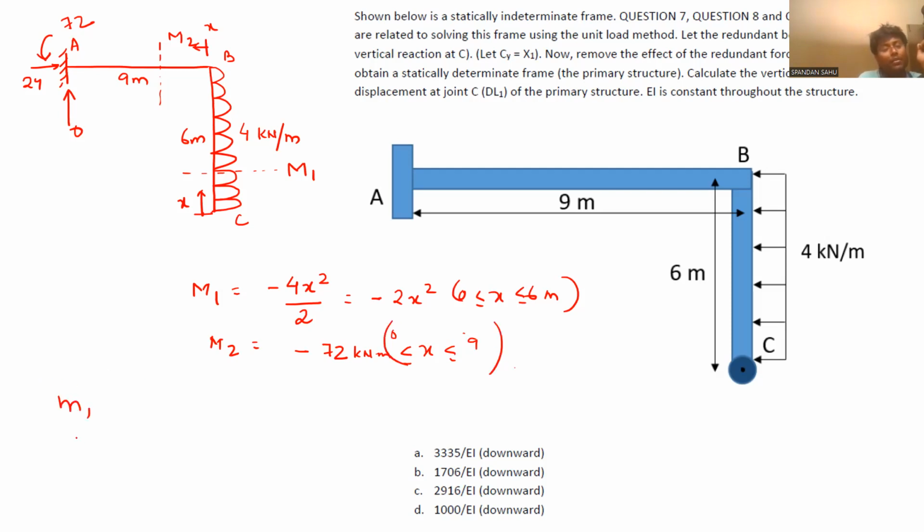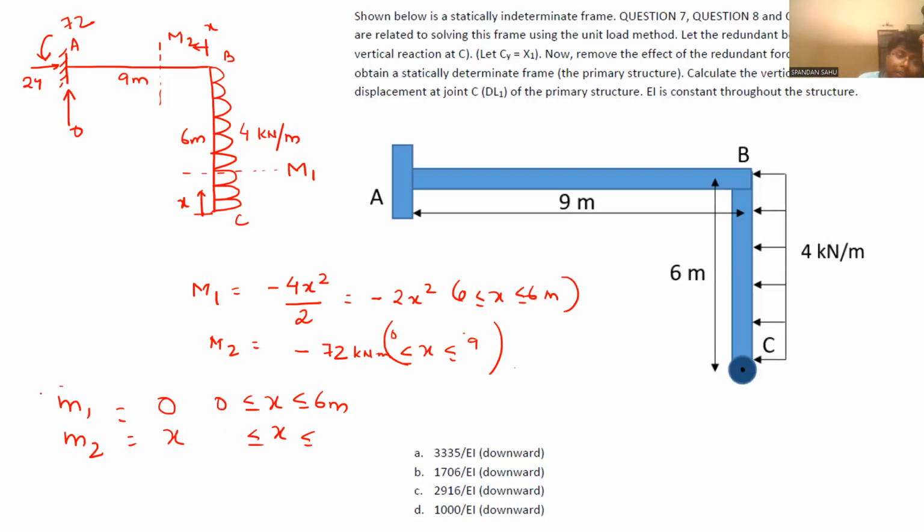Now tell me what will be small m1 and small m2. You have to calculate small m for only one case because the degree of indeterminacy is 1. So you have to put Cy as 1 and remove all the external reactions. When you calculate m1, it will be 0, and for this, it will be x.